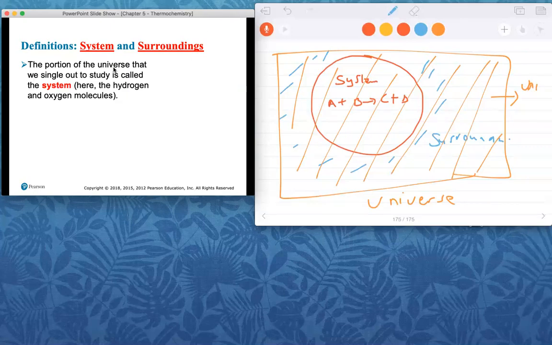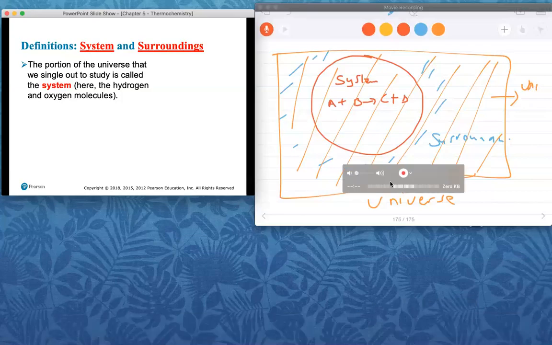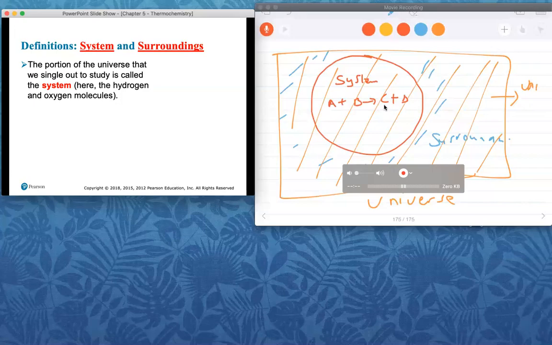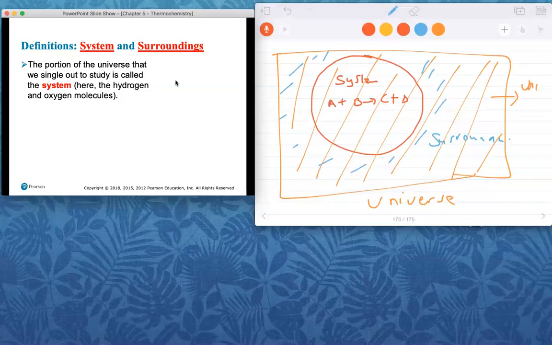So when you see the universe here, it's confusing if you're looking at it for the first time. My camera is off, I'm sorry about that, but it's not going to change anything. I was saying that the system is where we are focusing, and the universe here is everything.